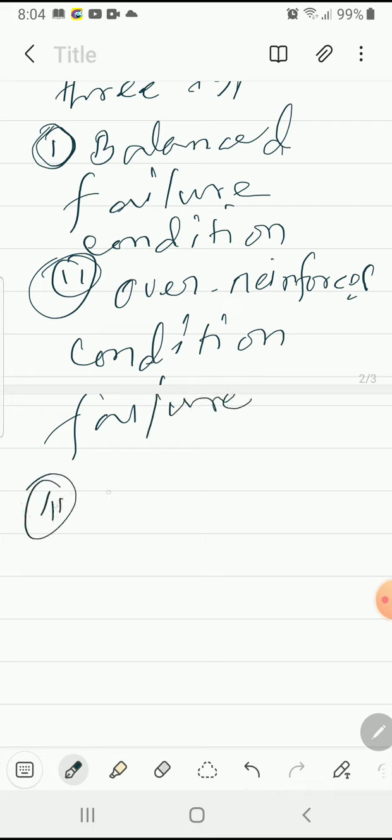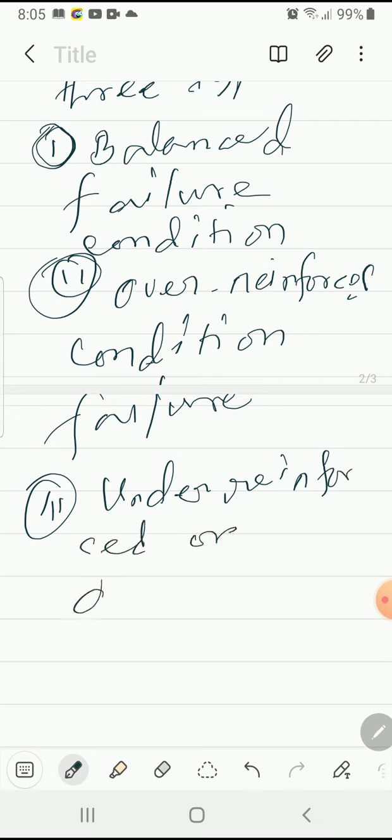Number 3, under reinforced or ductile failure behavior.